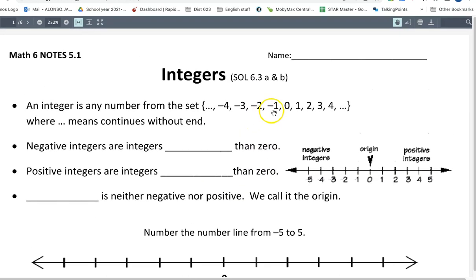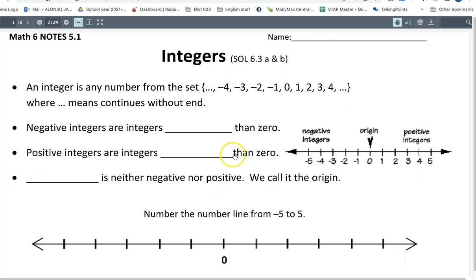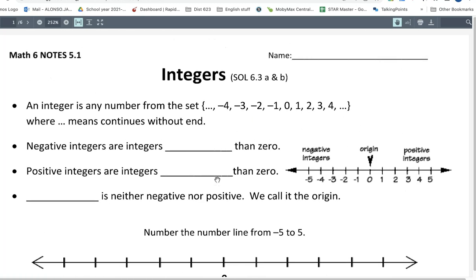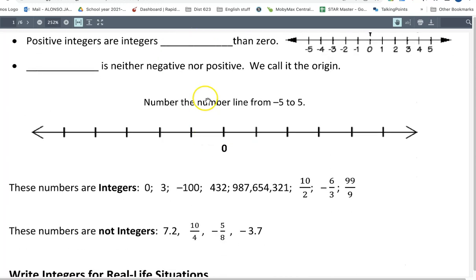Hello everyone, this video is a continuation of this worksheet talking about integers. Unfortunately, the program that I'm using is not like Notability. It doesn't save our notes here, but yesterday you were supposed to watch the video and get those notes down.